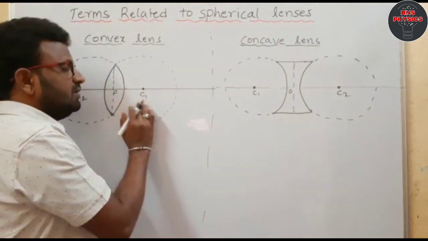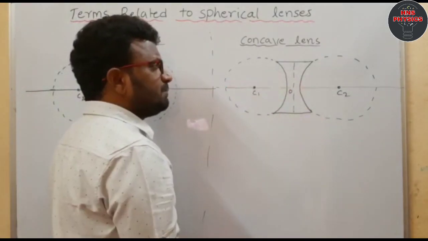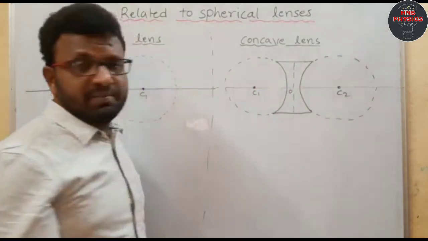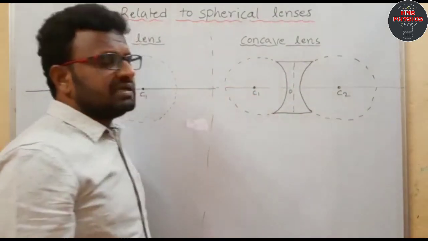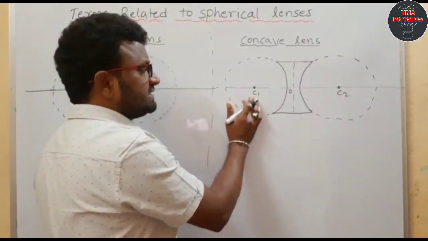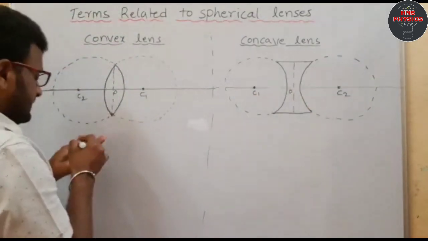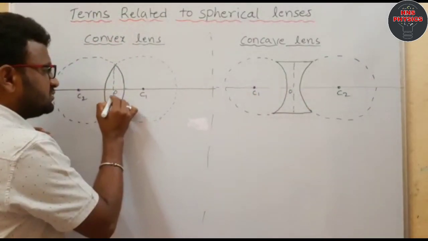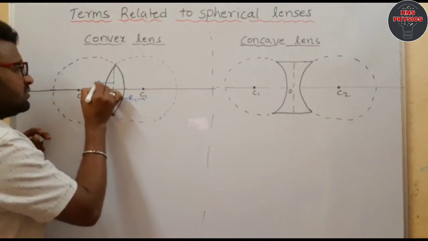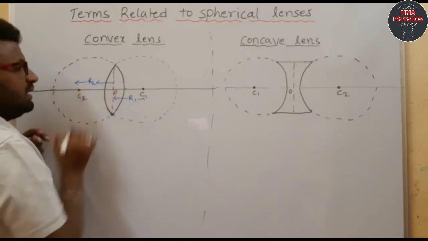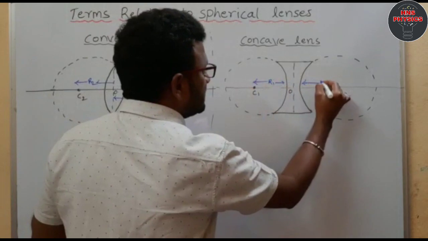In the concave lens, after refraction of a parallel beam of light, the image is formed on the left side, so I am taking C1 on the left side, and automatically the other one becomes C2. From here to here this is the radius R1, and this is the radius R2. In the concave lens also, this is R1 and this is R2.